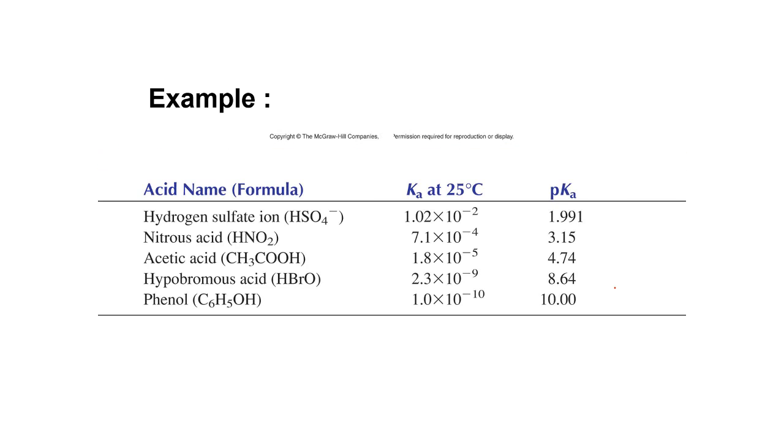Okay, for example yang ni lah saya tunjukkan contoh yang sama tapi yang ni dia ada pKa. So you nampak kat sini kalau nilai Ka-nya, ini nilai Ka, dia punya nilai pKa dia yang ni lah. Okay, dia inverse. So kalau nilai Ka dia besar, maksudnya kalau you tengok kat sini hydrogen sulfate ion dia mempunyai larger Ka value compared to the others.